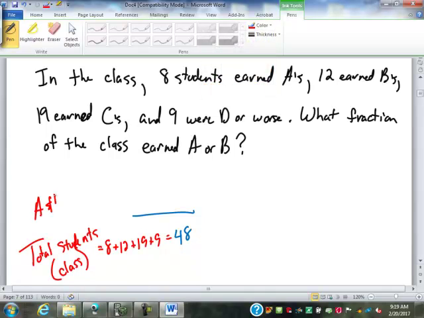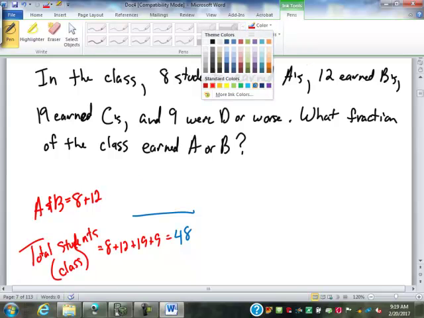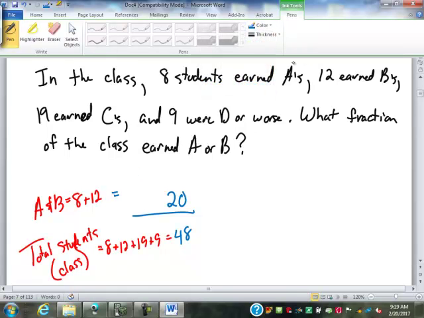Just the A's and B's, which is the 8 plus 12, which, yes, that is 20. What can both of those be divided by? 4. 20 divided by 4 is 5. 48 divided by 4? 12. So 5/12 of the class were A's or B's. Any questions?